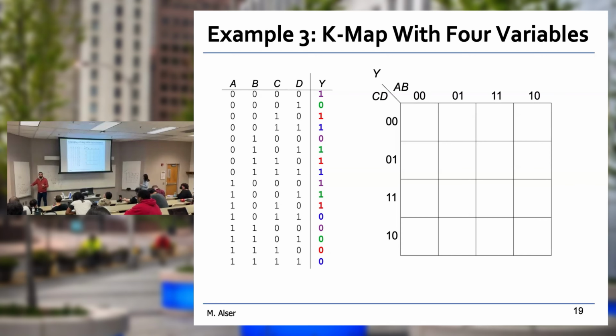All right, now we need to build the groups of those sizes, and we go with the largest possible, always. For example, can we have a group of 16 ones altogether? They should be next to each other. By next to each other, we are allowed to do the corners together, for example, because this is really like a donut shape, a torus shape. Where are the ones that we can group? Excellent.